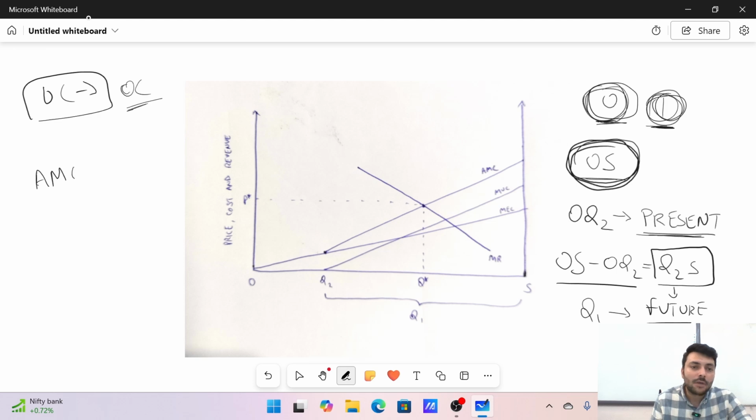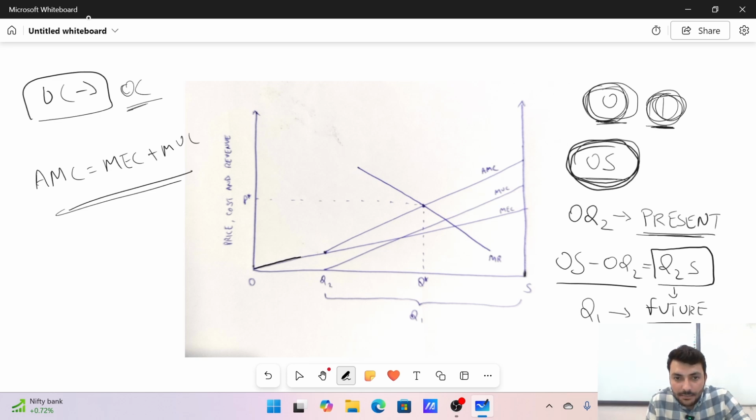We have the augmented marginal cost equals the marginal extraction cost plus marginal user cost. So you will see that the augmented marginal cost curve is a kinked curve. This is your augmented marginal cost curve. It is kinked at this point, let us say point A. At point A, there is a kink in the augmented marginal cost curve. And why is it so?